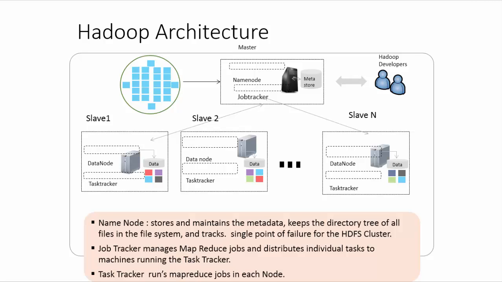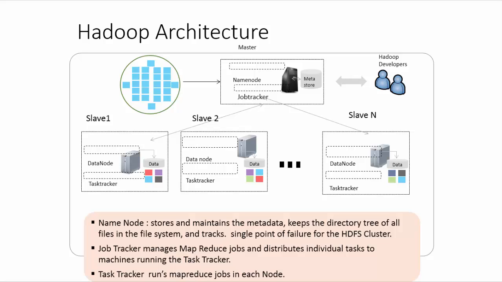Suppose you have to store a file of 1 GB on the Hadoop file system, so that file will get broken down into blocks. That will be decided by your block size. In Hadoop 1.x, the default block size is 64 MB.